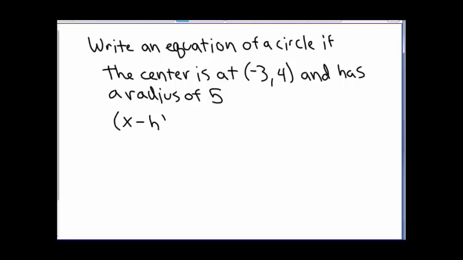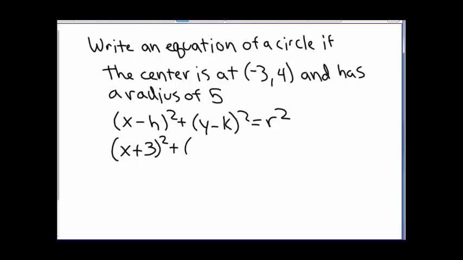Well, remember the inside lies. So we have x minus h squared plus y minus k squared equals r squared. So the opposite of negative 3 would be a positive 3. So x plus 3 squared, then y minus 4 squared equals 5 squared. 5 squared is 25. So now we can write an equation.